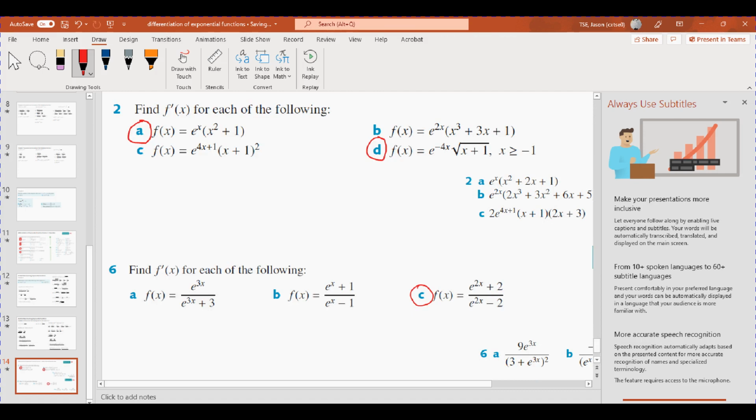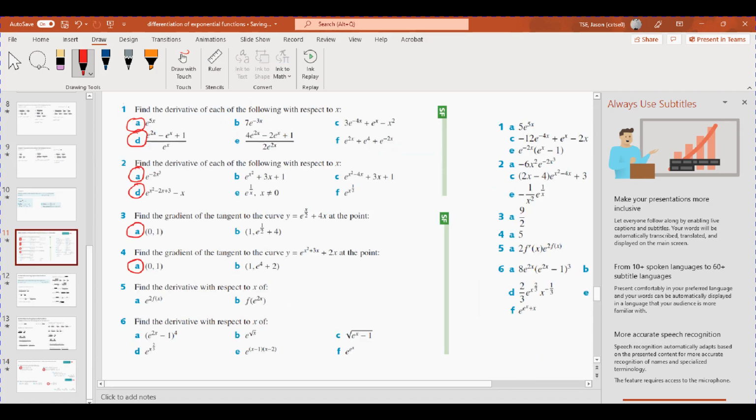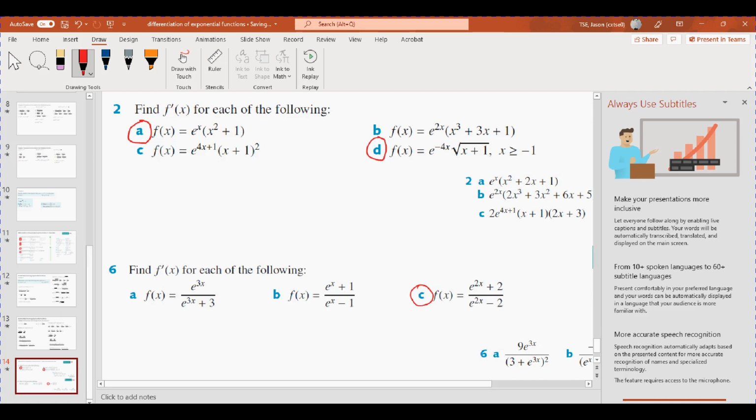So there are 1, 2, 3, 4, 5, 6, 9 questions. Let's say you spend 10 minutes on each question, and there are 9 questions. Normally you will spend less than that. So even at 10 minutes, 9 questions means 90 minutes, 1.5 hours. So 1.5 hours for this exercise.